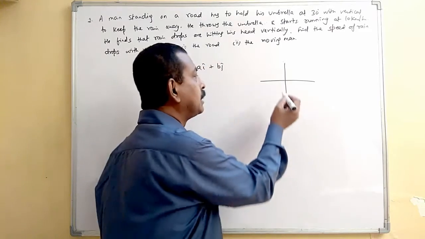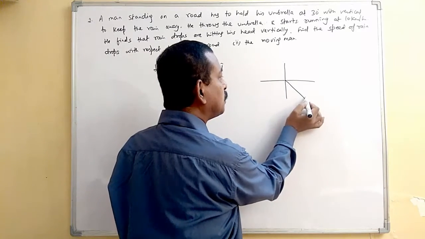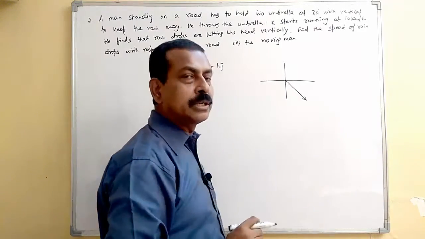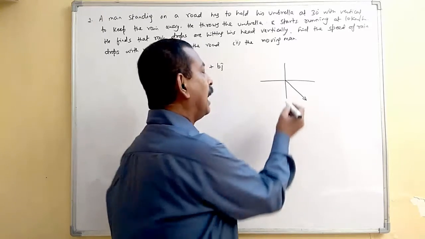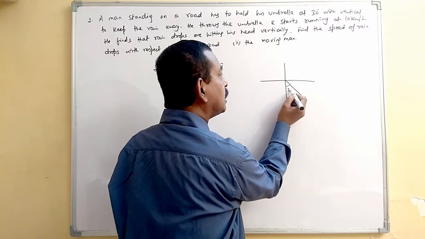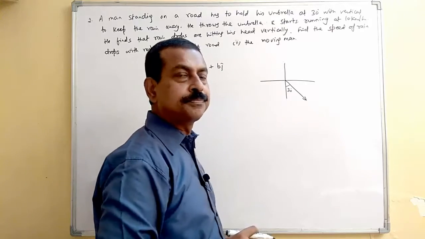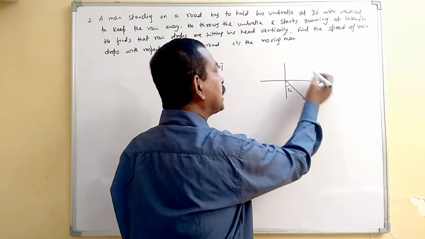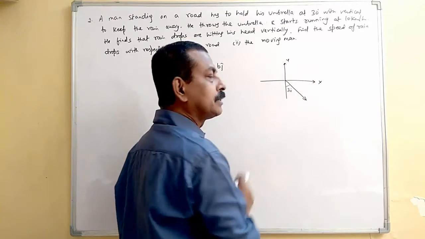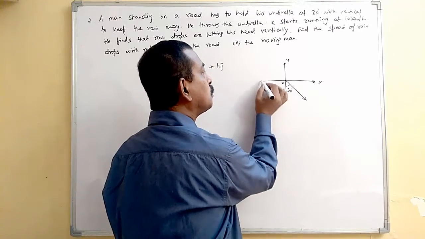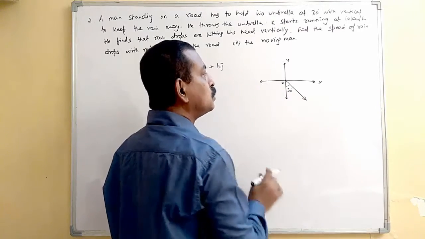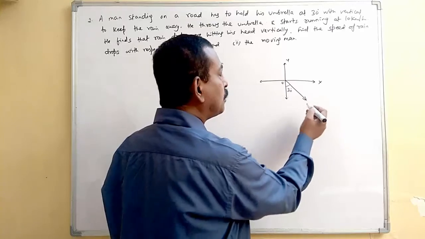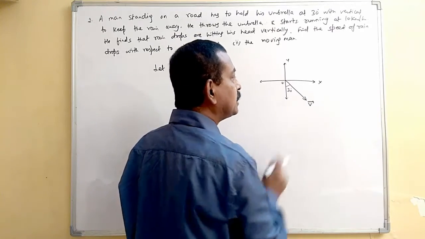So if you consider that this particular line will be the direction in which the rain is falling, it is falling at an angle of 30 degrees with the vertical. This is your x-axis, this is your y-axis, and this is the origin. Now, the velocity of rain is represented in this direction.